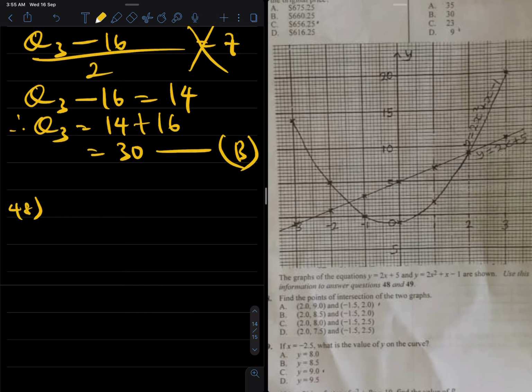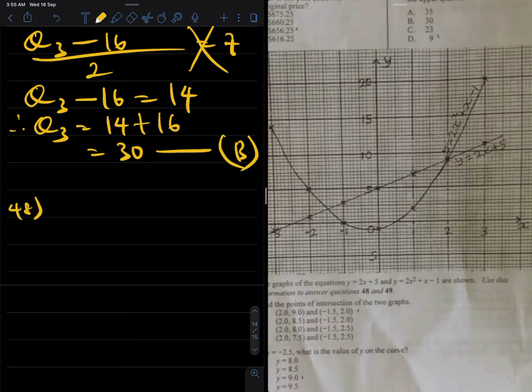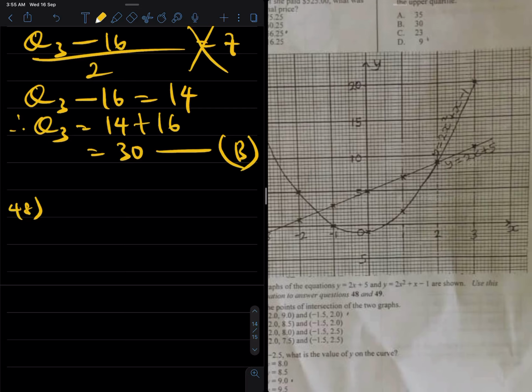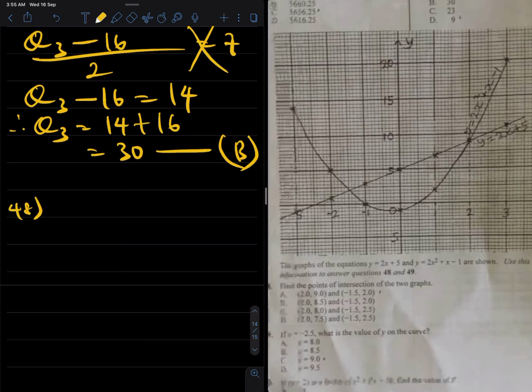Find the point of intersection of the two graphs: minus 1.5, 2.0, and 2.0, 9.0. Yeah, so the correct option is A. If you read the graph carefully, you see that.